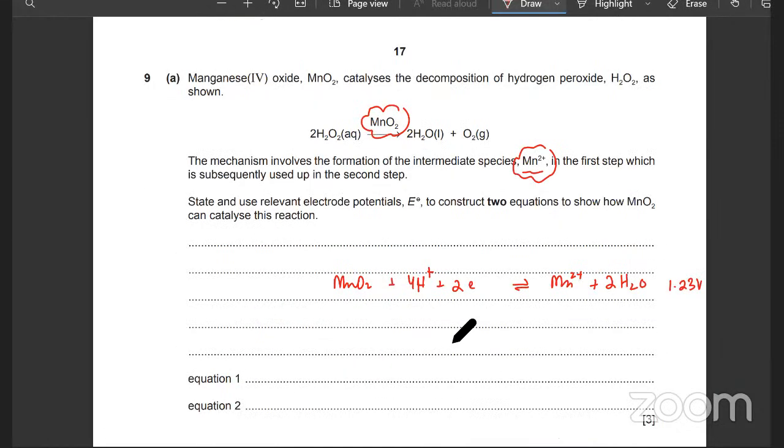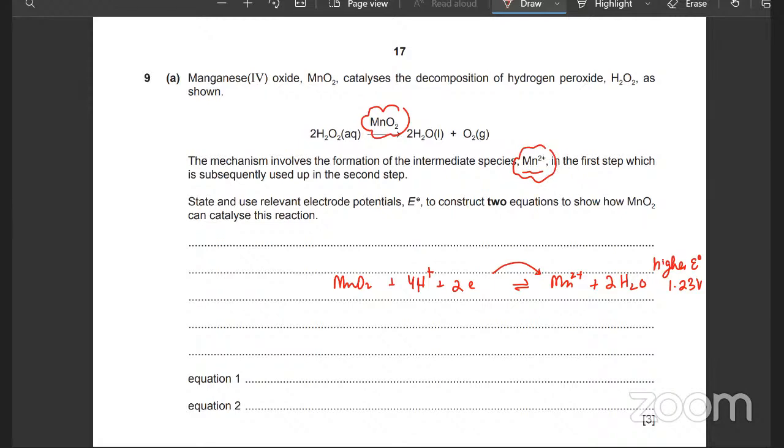And also remember, MnO2 is going to gain electrons to form Mn2+. That's the intermediate that's happening. So who gains electrons? It's the higher E naught that ends up gaining electrons. Remember the first step: you added MnO2, it turned into Mn2+. He already said that. The intermediate is formed.